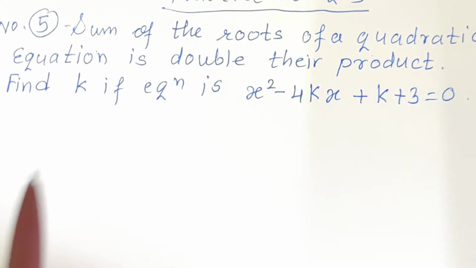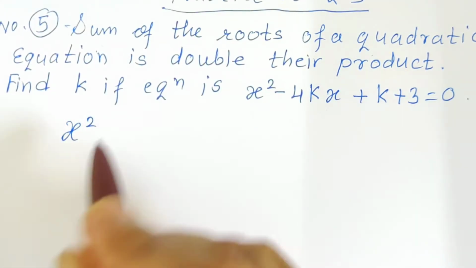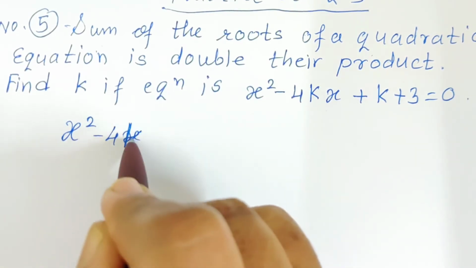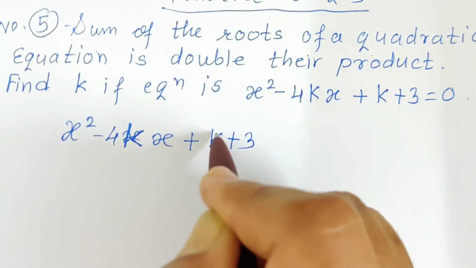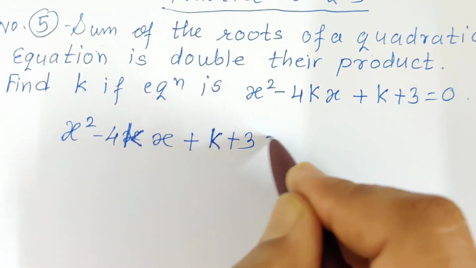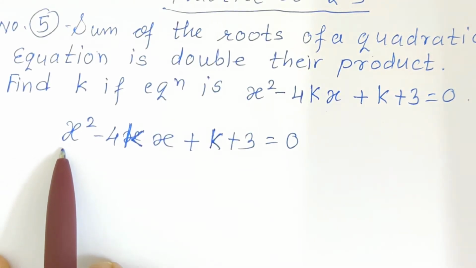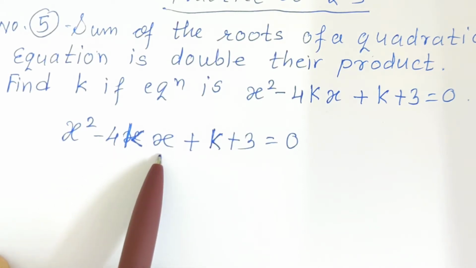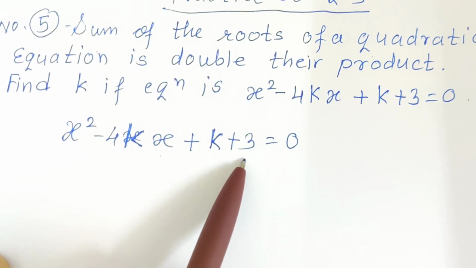First write down the equation once again. The equation is x square minus 4kx plus k plus 3 equal to 0. This is the given equation. Here x square is the first term, minus 4kx is the second term, plus k is the third term, plus 3 is the fourth term.